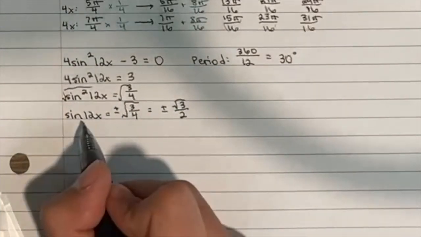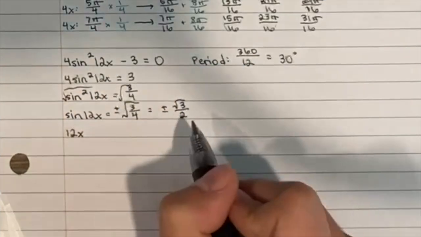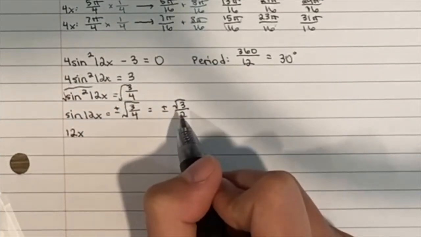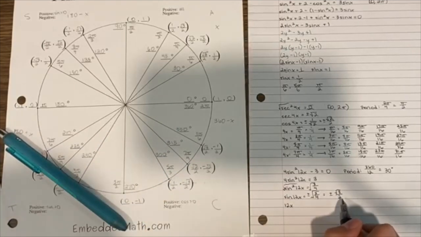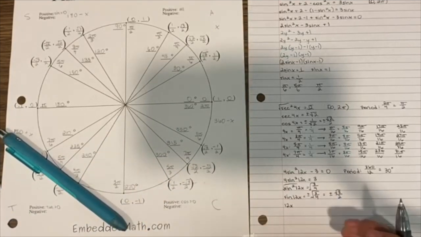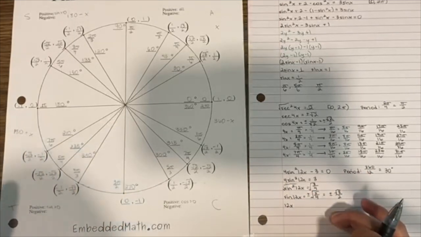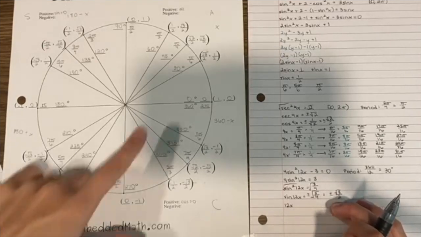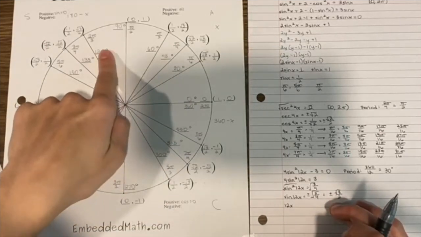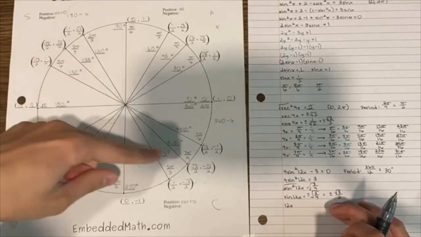So now you can go ahead and set up 12x to where on the unit circle sine is equal to the square root of 3 over 2. Same thing, we're going to have another 4 answers here because of the square root. So this is going to be at 60 degrees, 120 degrees, 240 degrees, and 300 degrees.